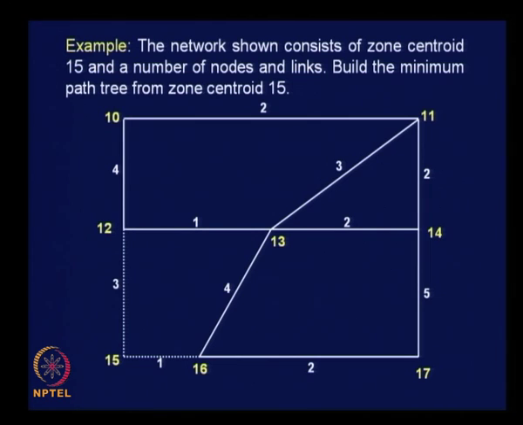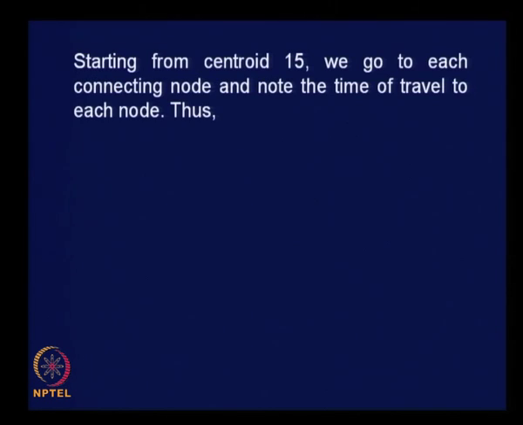It is a simple principle of identifying the minimum path. We start from 15 and there are two connecting nodes to 15. The nodes are 12 and 16. The travel time to 12 is 3 minutes and the travel time to 16 is just 1 minute. So that is how we are going to proceed.